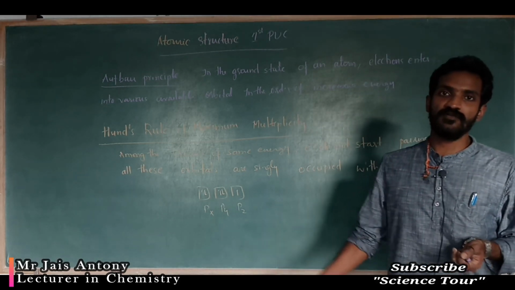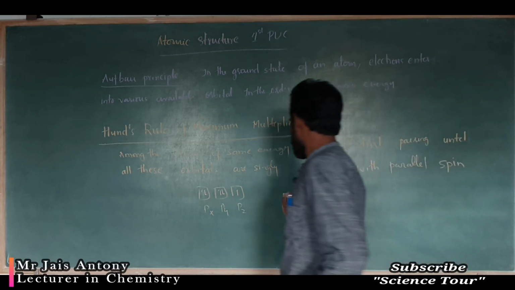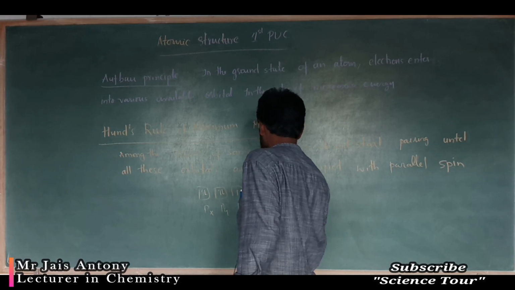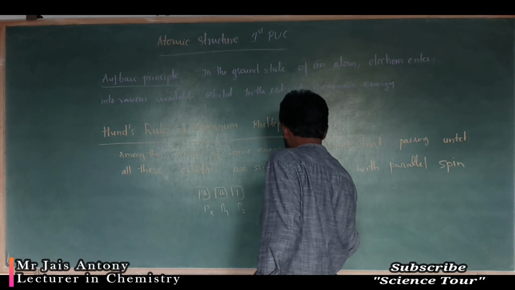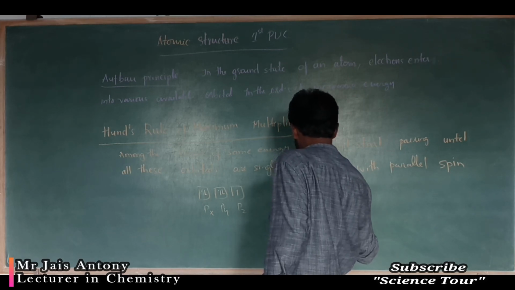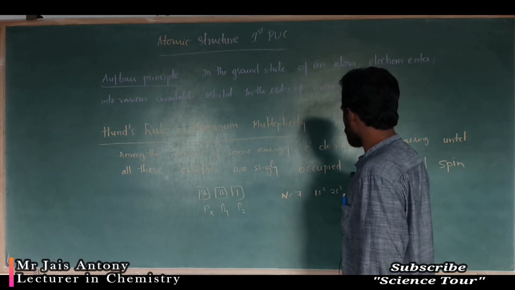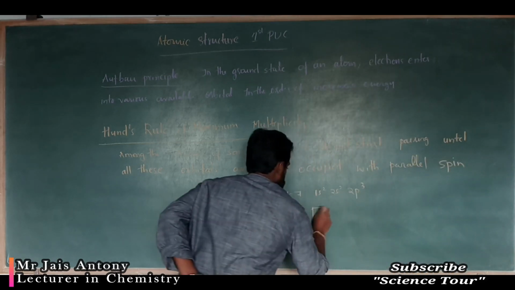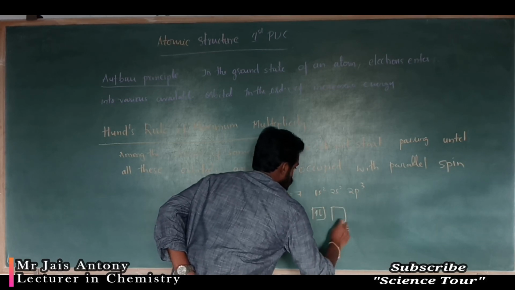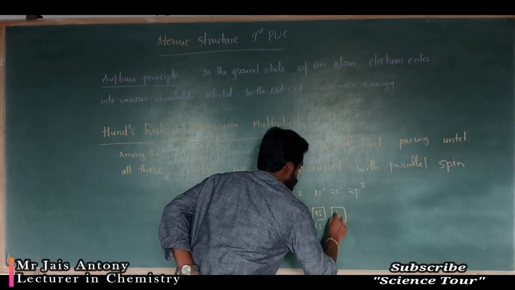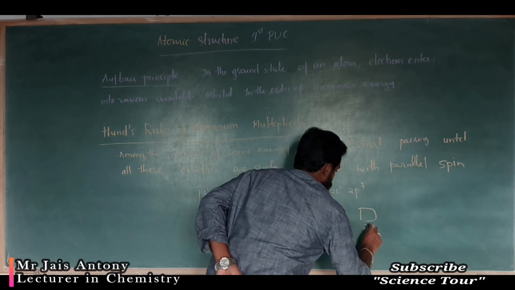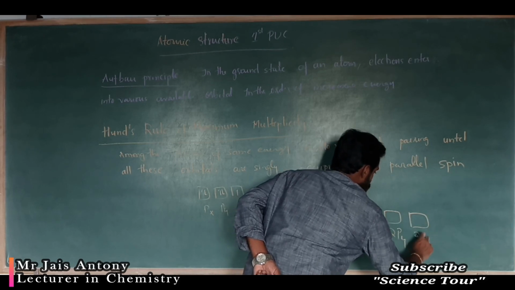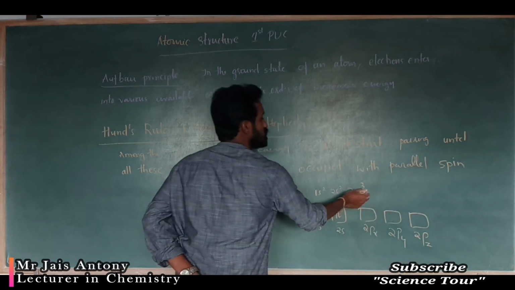So one example I will give you. Nitrogen. Nitrogen, what is the atomic number? N are given with the 3 electrons.